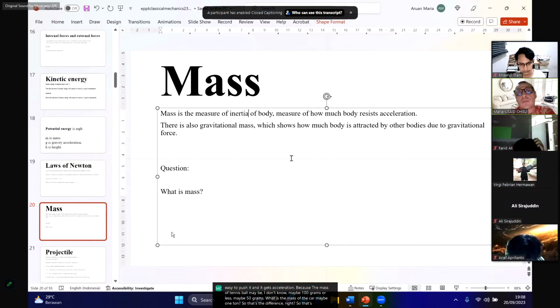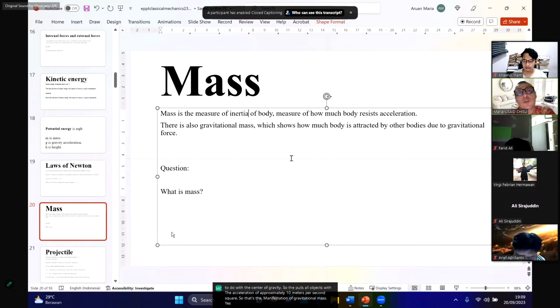So that's inertial mass. But there is also gravitational mass. Inertial mass has to do with the center of mass, but gravitational mass has to do with the center of gravity. The Earth pulls all objects with the acceleration of approximately 10 meters per second squared. That's the manifestation of gravitational mass.